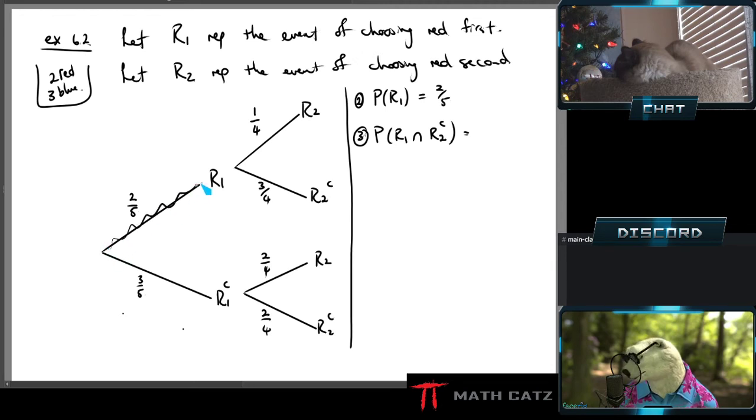R1 and complement of R2. No other path will have both of those because the intersection asks for both, right? So it's that third path, if you will. And to find the probability of that path, I multiply along the path.